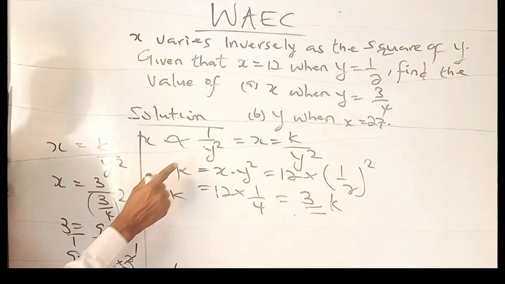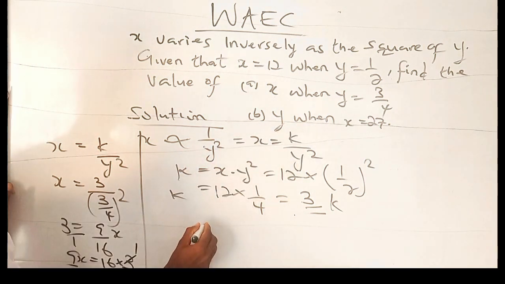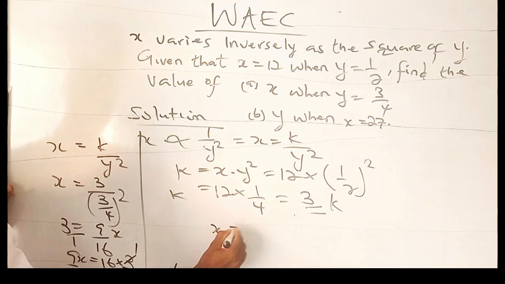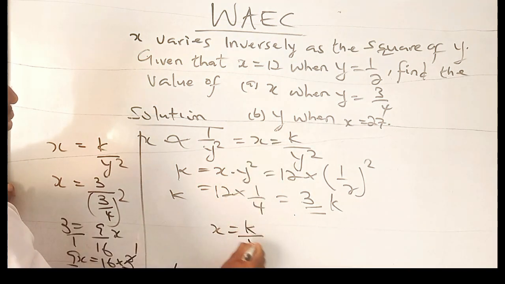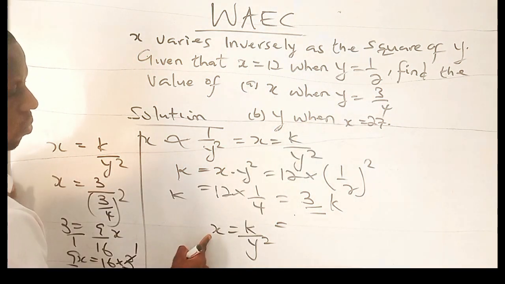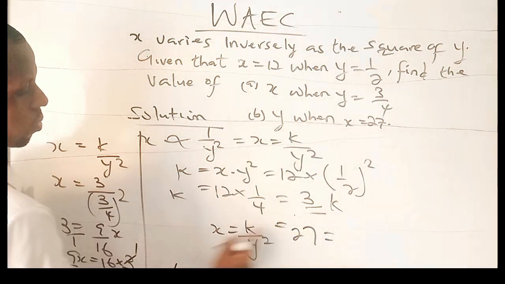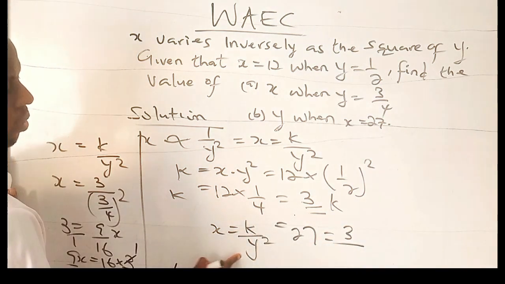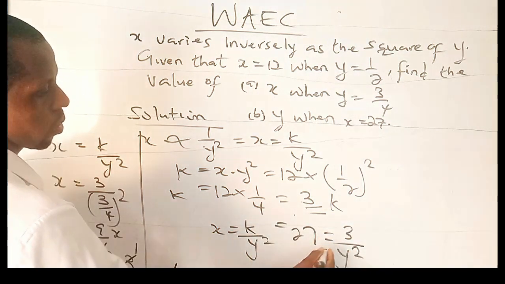Now, to determine y, find y when x is 27, using this same thing. You have x equals k over y squared. Our x is given as 27, so you replace it with 27. Our constant is 3. Our y is not given, y squared over 1.